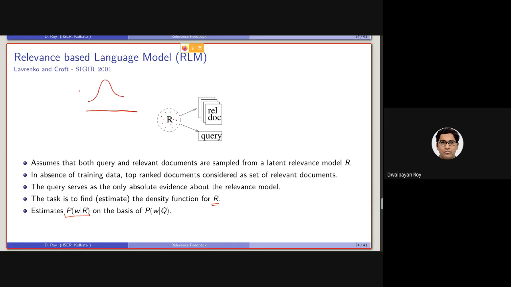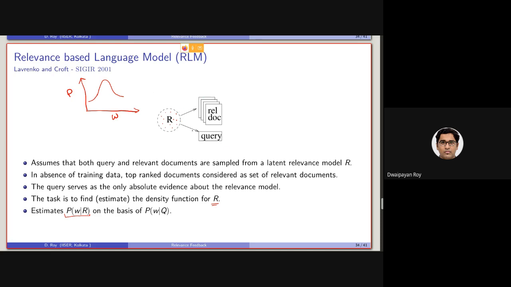So basically, on the y-axis, we are plotting the probability, and on the x-axis, we are plotting the words. Now, this individual weight of the individual words is what we will be estimating in order to estimate this R.